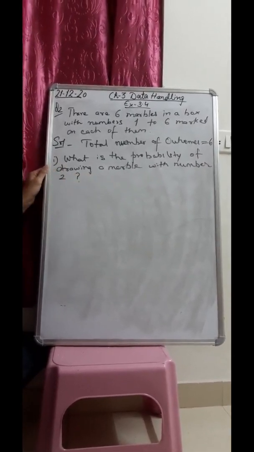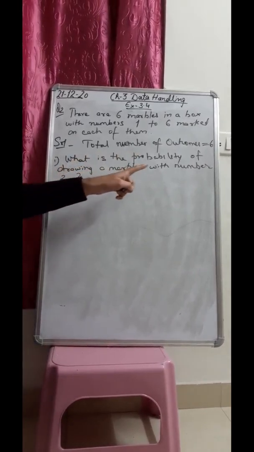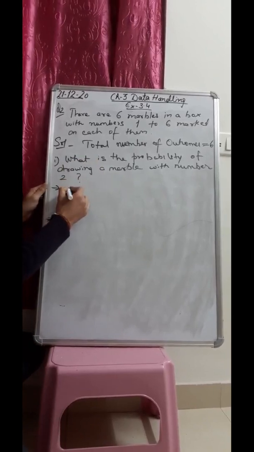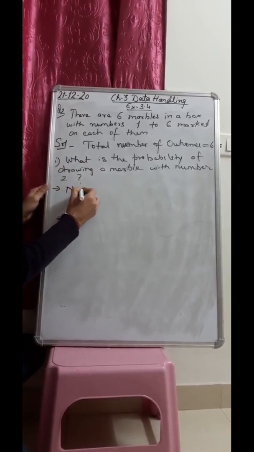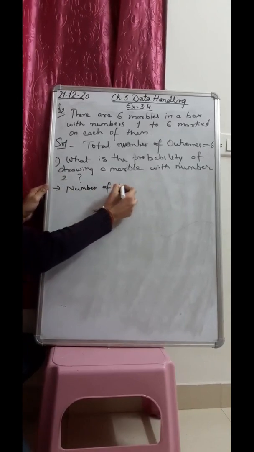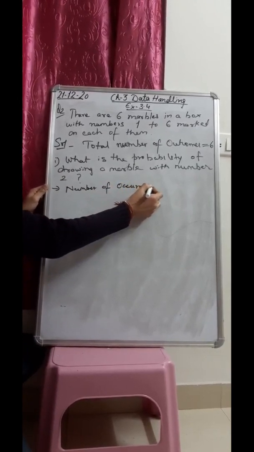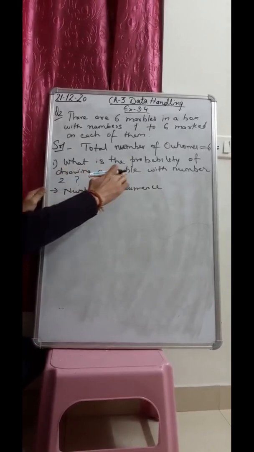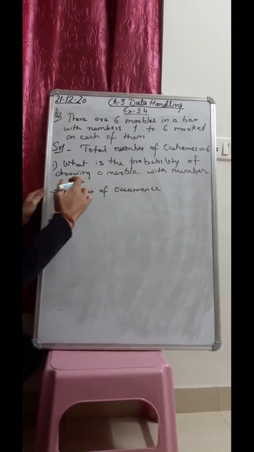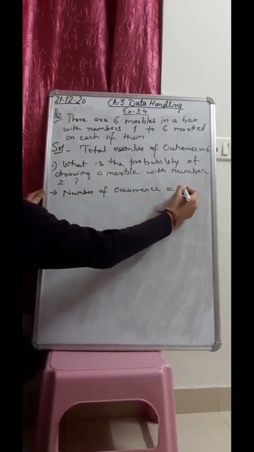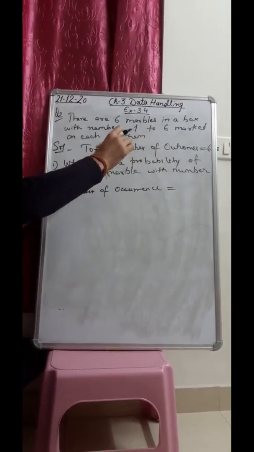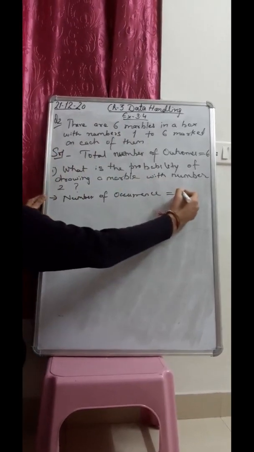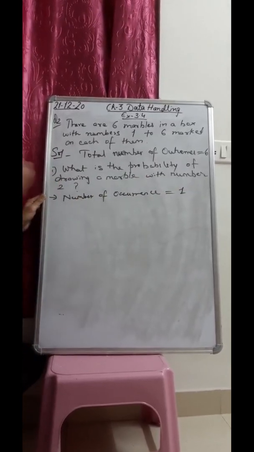We have been asked to find the probability of drawing a marble with number 2. This is the event occurring: drawing a marble with number 2. The number of occurrences out of 6: if we draw one marble, getting 2 is only 1. So the number of occurrences is 1 only.